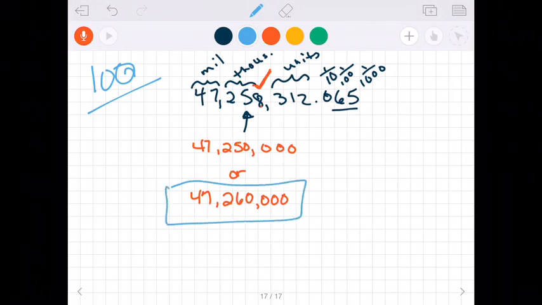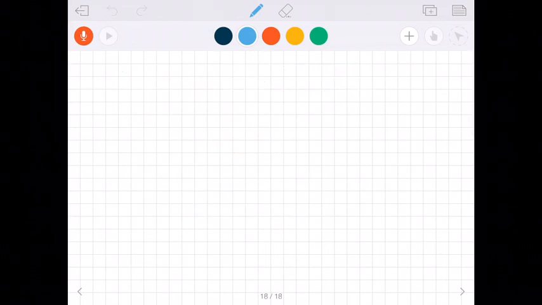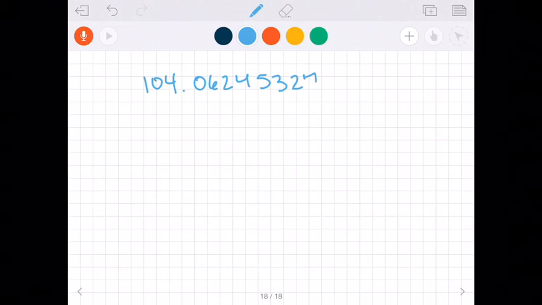All right, let's do one more. The next one is to be rounded to the nearest thousandth. So 104.06245345327, and we want to round it to the nearest thousandth.